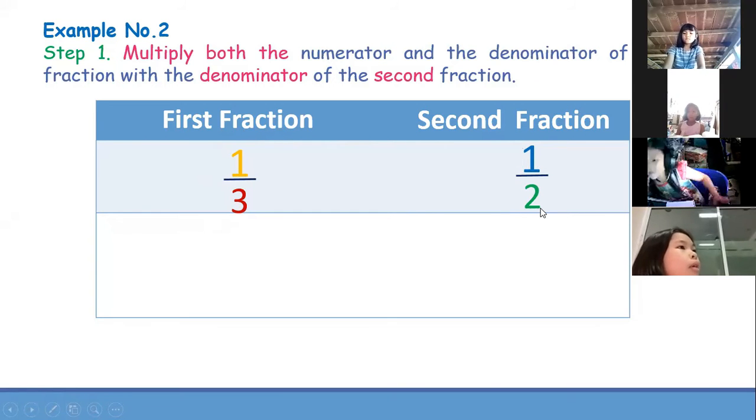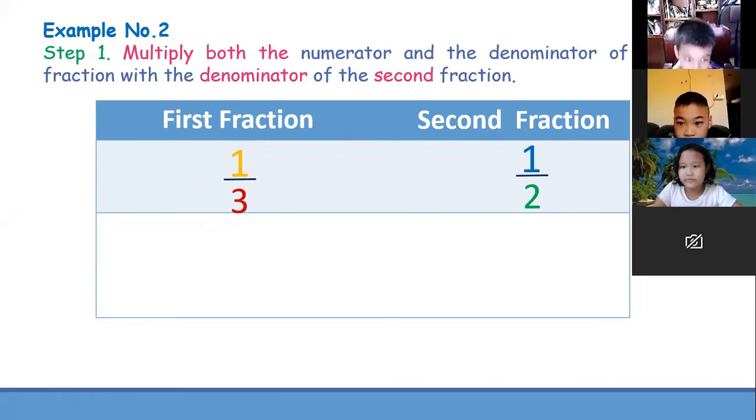Okay, 1 half and 1/3. So let us change this one to become the same denominator.